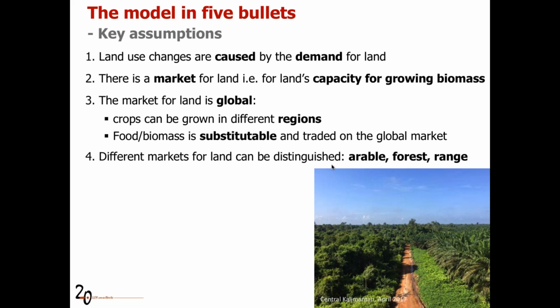The second type is forest. Some land is really not fit for arable cropping. If you go to northern Norway, Sweden, especially a large part of Sweden is so rocky, so hilly, that it's not really possible for cultivating any crops. But still you can grow forest. That is what we call forest land. And then last but not least, we have rangeland.